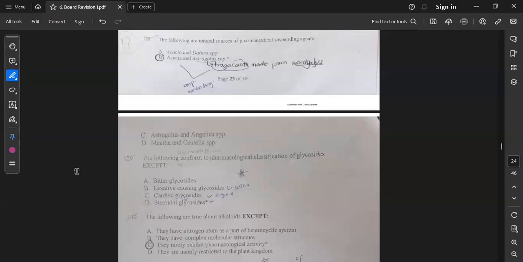I have a question. Are there glycosides which are not steroidal in nature?